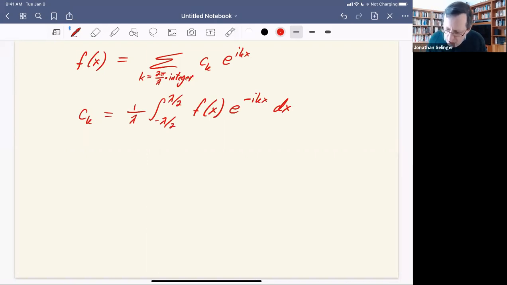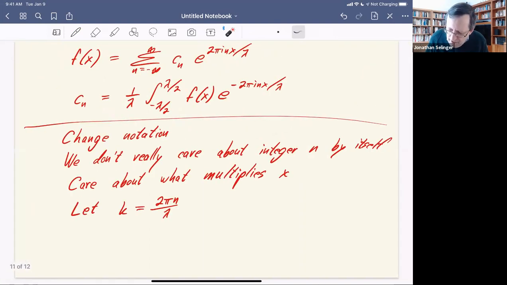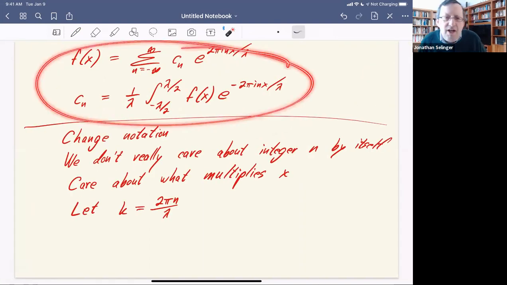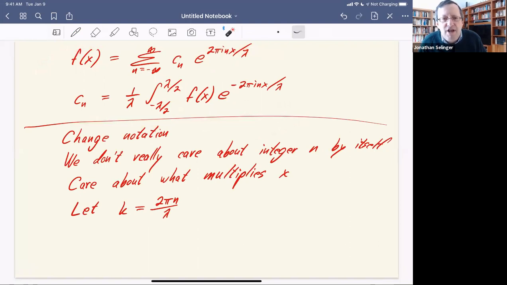Hopefully you can see that these equations are equivalent to the equations for the Fourier series that you know and love, or at least know. It's just with this new notation. Are you all right with that? Okay, good.